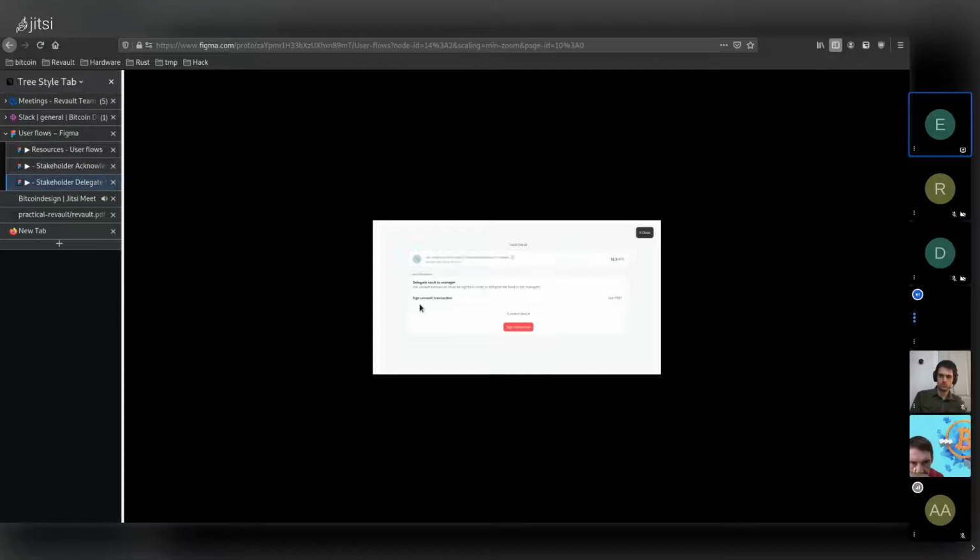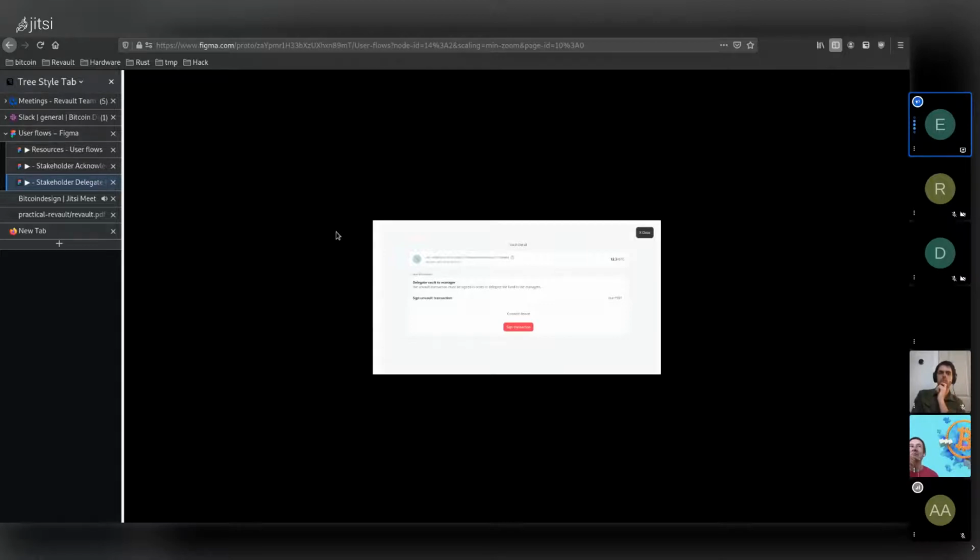Does the user need to know about the distinction between delegating and unvaulting? Delegating is giving the unvault transaction to the manager, but the manager will broadcast it later when he needs it. Okay.